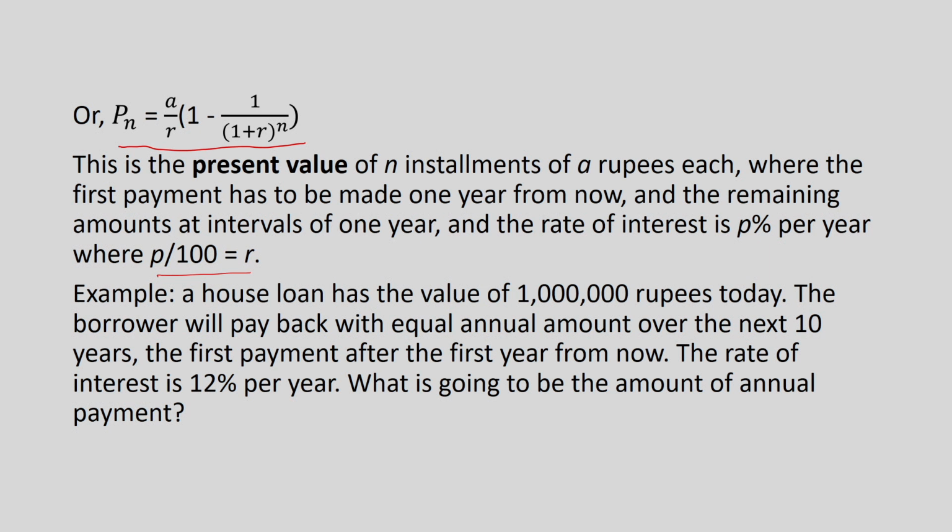Here is another example of how these ideas could be used, the idea of present discounted value. A house loan has the value of 1 million rupees today.